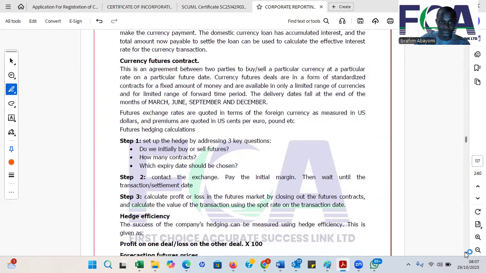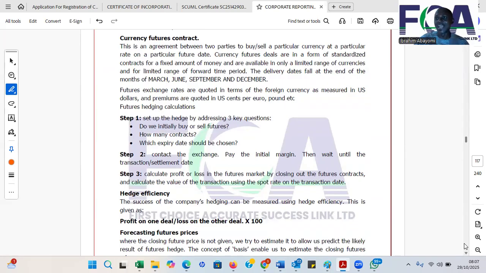Then, how many contracts should I buy? It's another important question you need to ask yourself. And which expiry date should I choose? These are the three key questions your futures hedging should address. Number one: do I need to buy or sell futures? Number two: how many futures contracts to buy or sell? Number three: what expiry date should I choose?